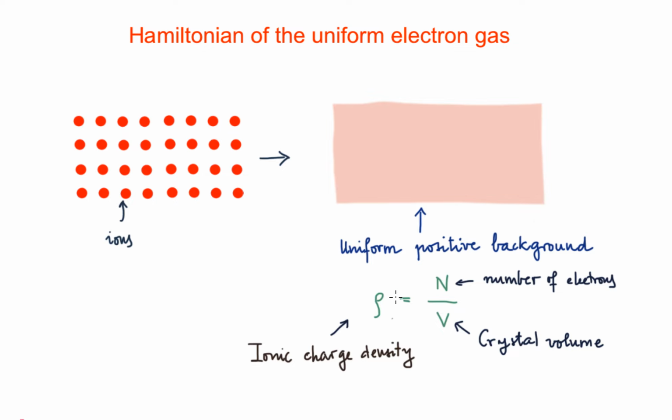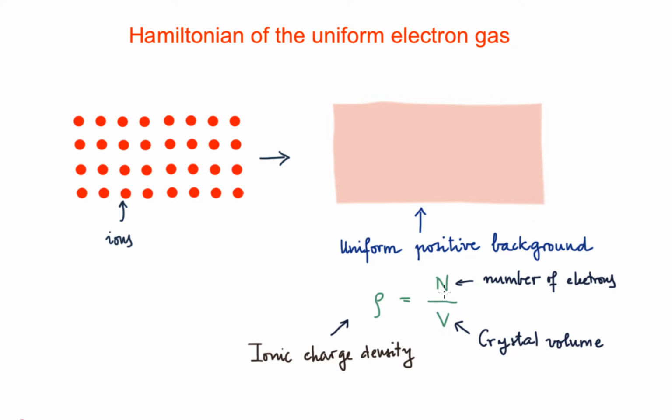The charge density of this uniform positive background is the whole charge associated to the nuclei. Considering the charge neutrality of the system, that is going to be the same as the electronic charge associated to the electrons.